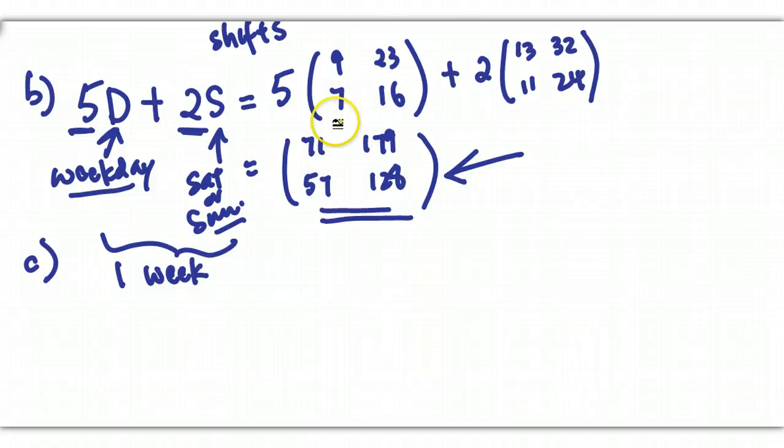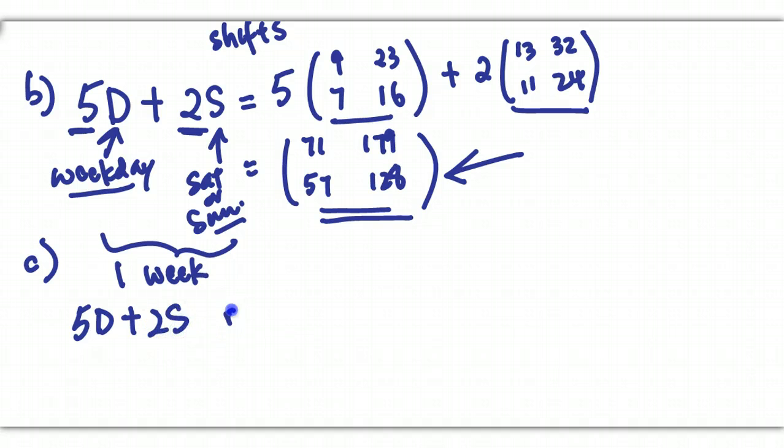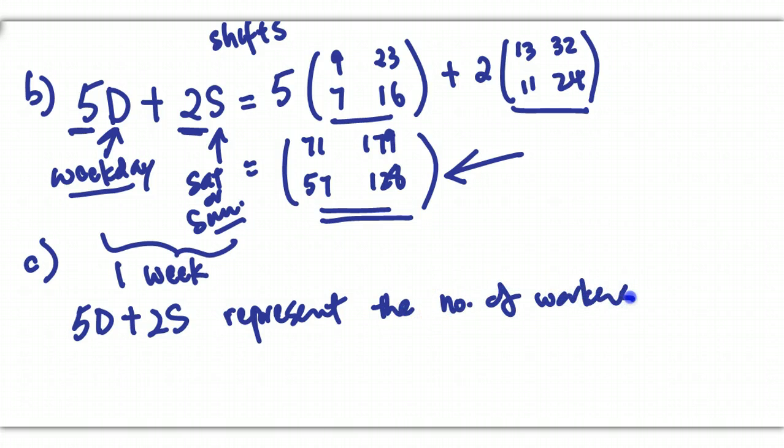So since each of the matrices here represents the number of workers on duty on weekdays and on weekends, by adding them together, 5D plus 2S would represent the number of workers on duty.